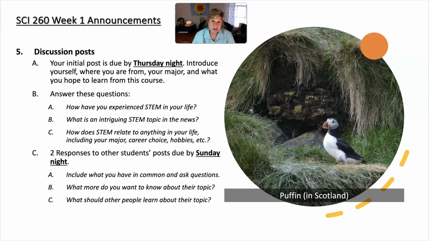So you need to give them, like, what questions come to your mind when you say that they're interested in electric vehicles and changing over from fossil fuels to some other type of energy source in order to power vehicles, something like that. Okay? Those are all due. Everything is due by Sunday night except discussion board posts. That initial post will always be due by Thursday night before midnight.